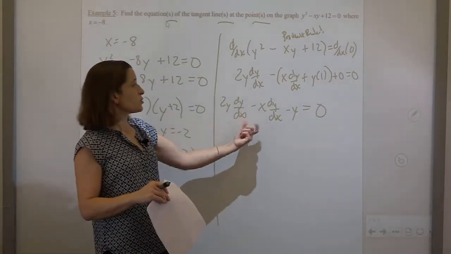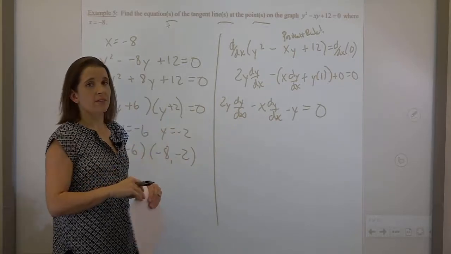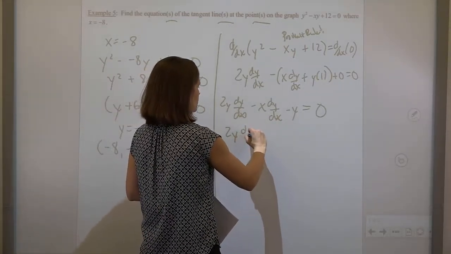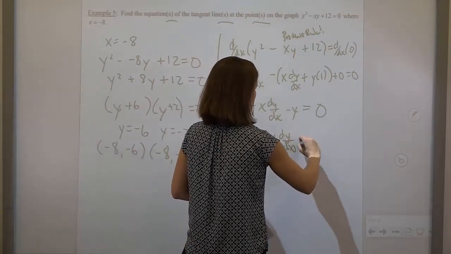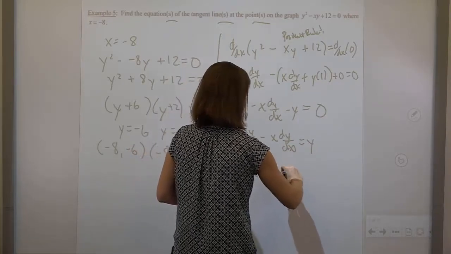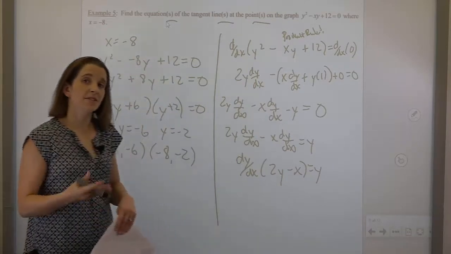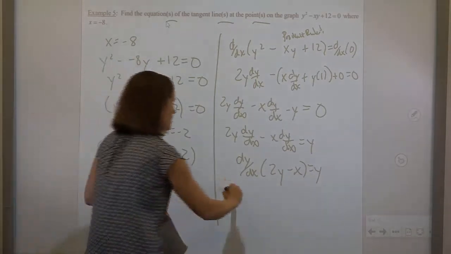So I'm going to group these dy dx terms together, move the y over to get it, since it doesn't have a dy dx separate. And then lastly, to get dy dx totally by itself, I am dividing both sides by 2y minus x.